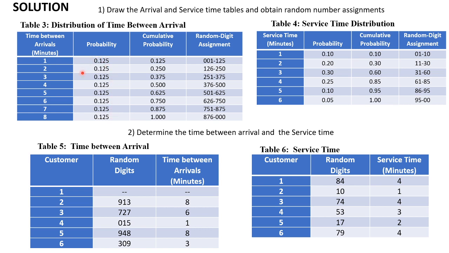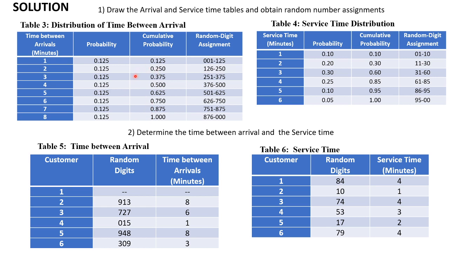Then when we have this, we produce what we call the cumulative probability, which means that we are going to add up. The first one we have 0.125, plus this one we get 0.250, plus this one 0.375, plus that we have this one, and you continue until the end.